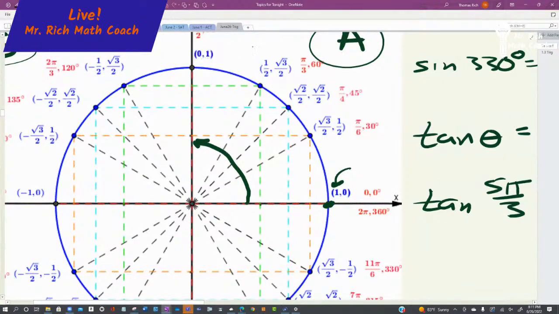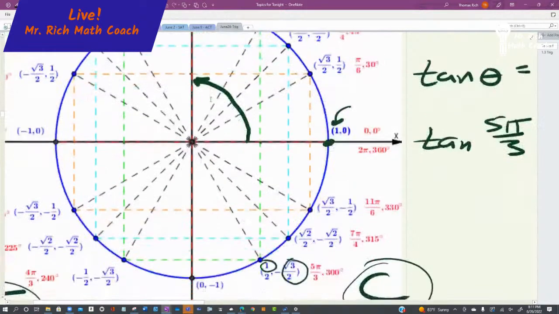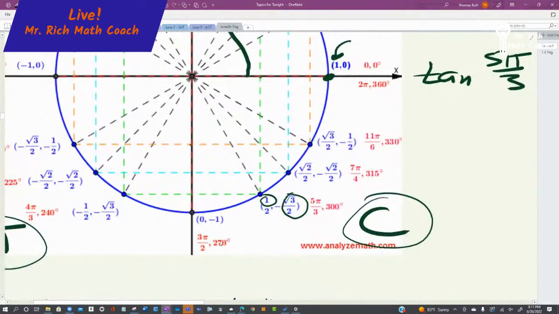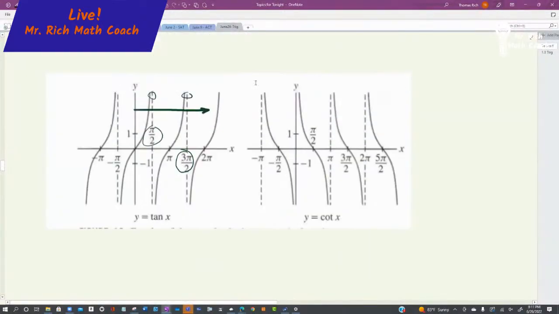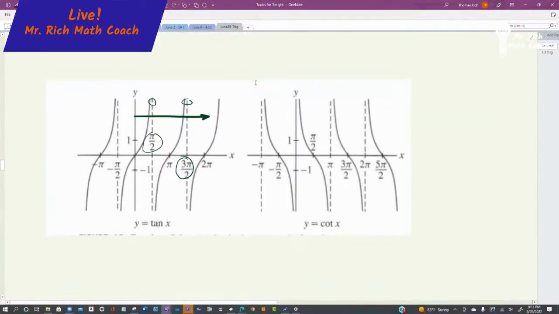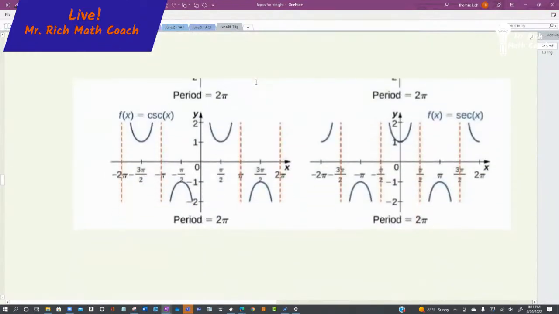So that's why tangent is not defined at both 90 degrees, or pi over 2 radians, and also 270 degrees, or 3 pi over 2, because the ratio of y divided by x is undefined. All right, that is about all that I really wanted to say about the graphs of the trig functions.